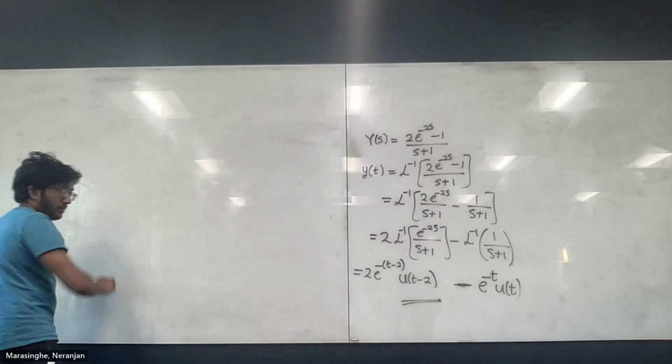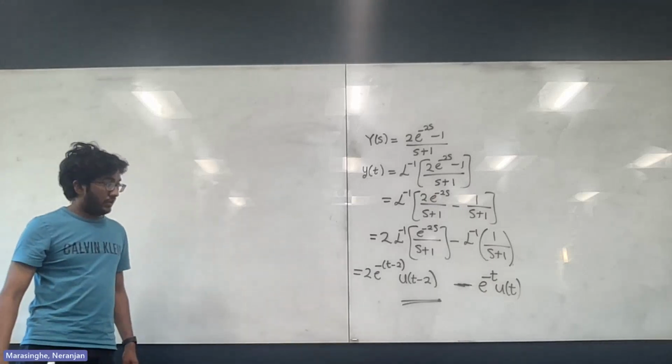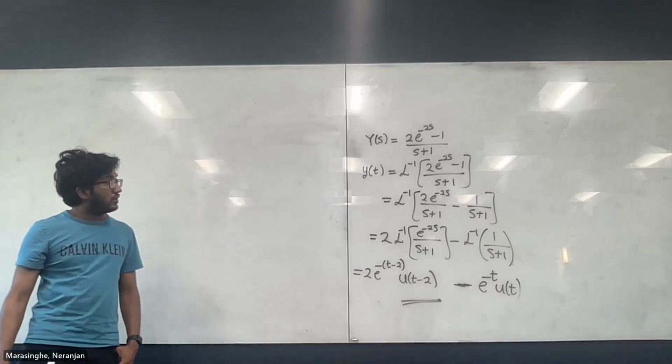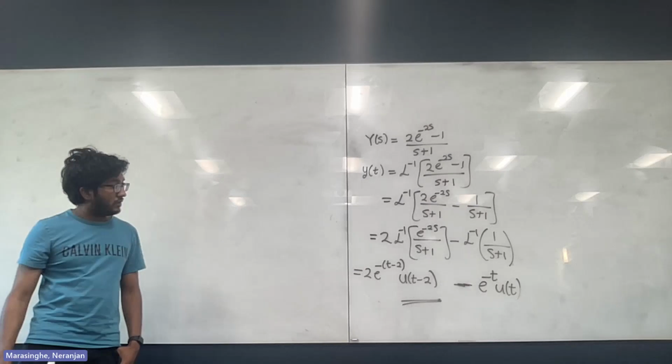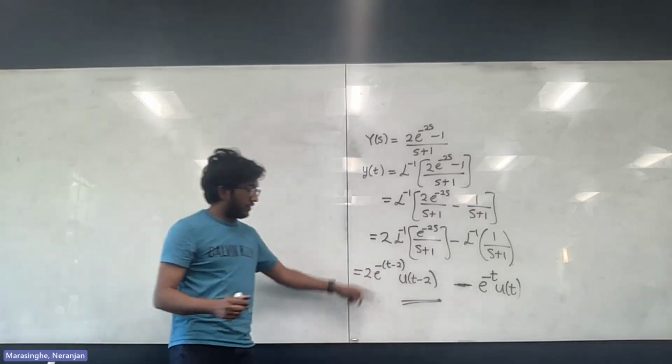I'm a little confused. Where you have negative t minus 2, wouldn't it be negative 2t minus 2? I understand how you got the negative 2, but what is your original function?